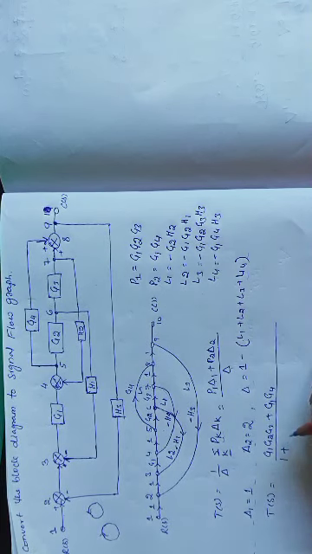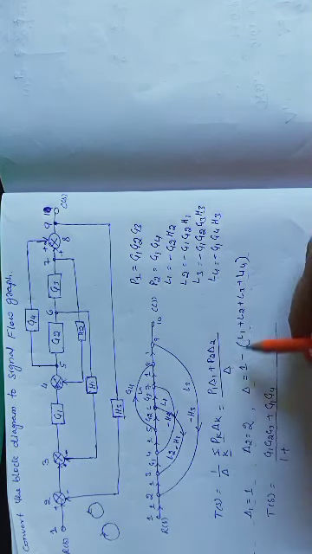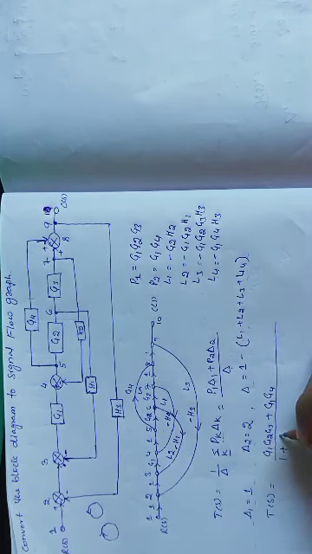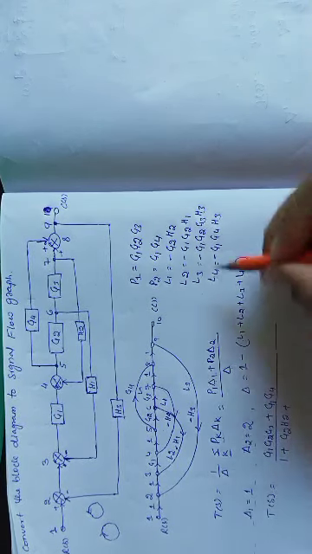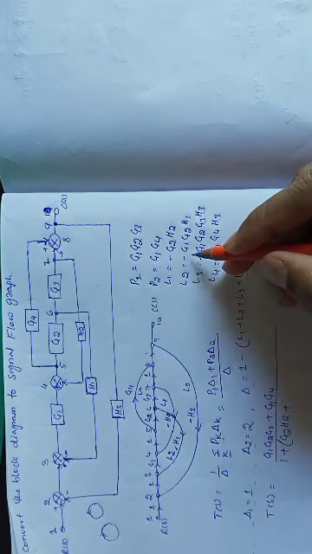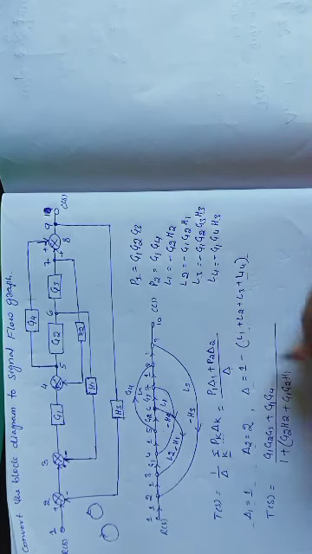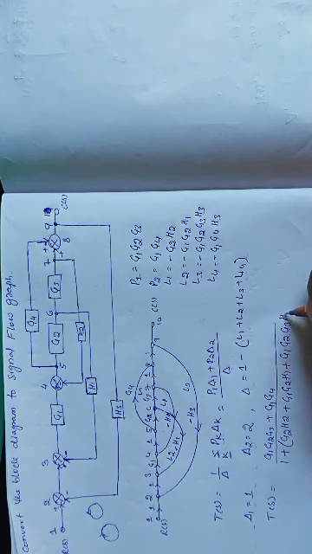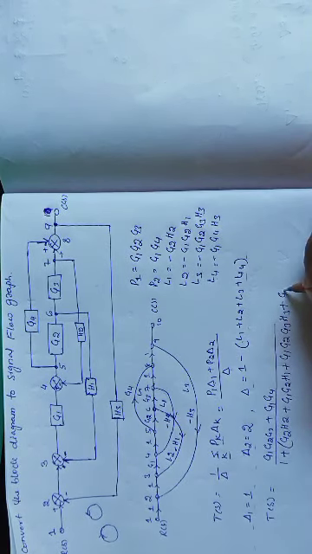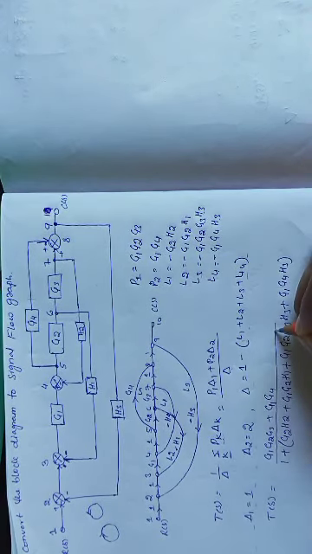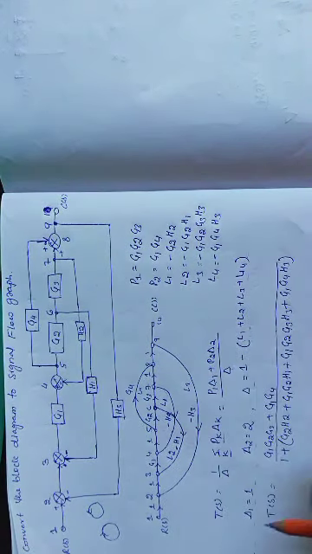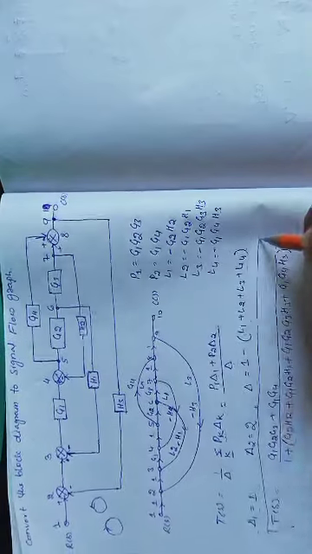I am directly writing here 1 plus L1, which is G2 H2, plus G1 G2 H1 plus G1 G2 G3 H3 plus G1 G4 H3. This is the transfer function of the given block diagram.